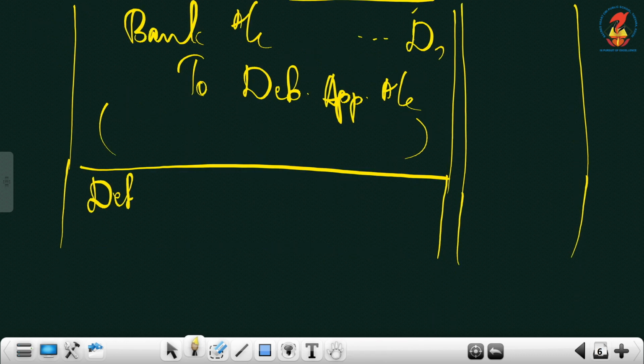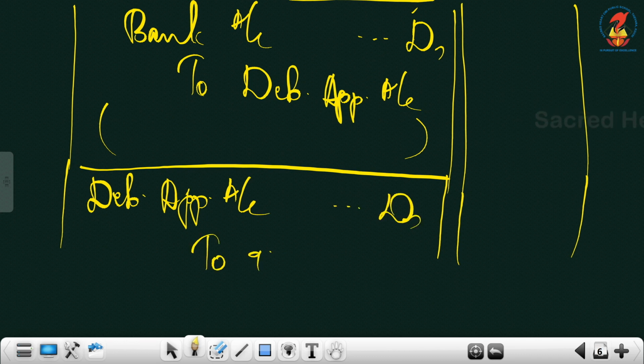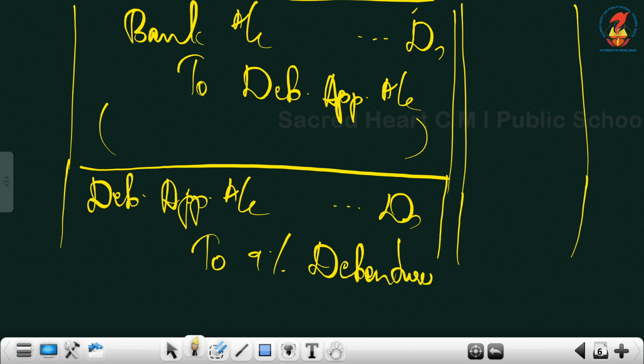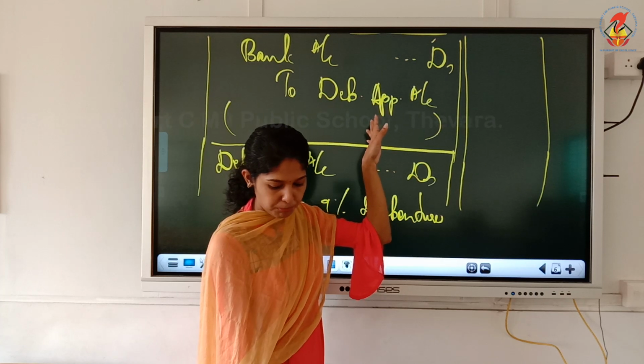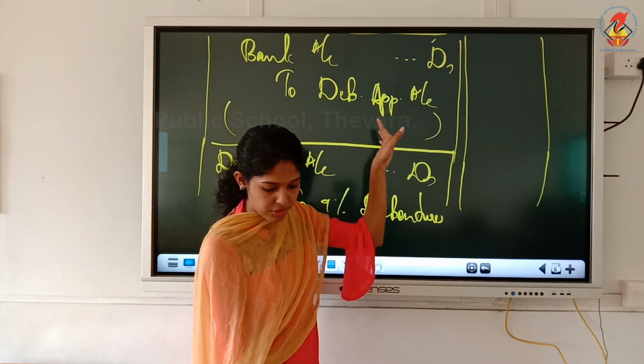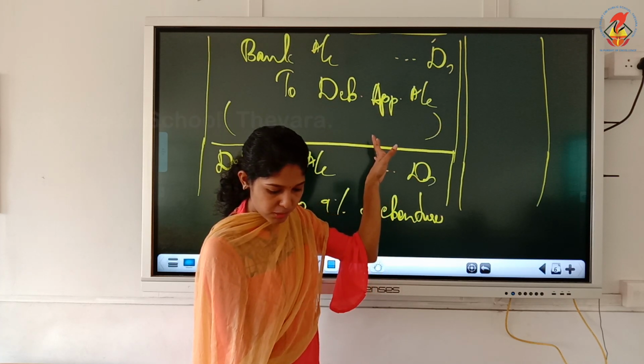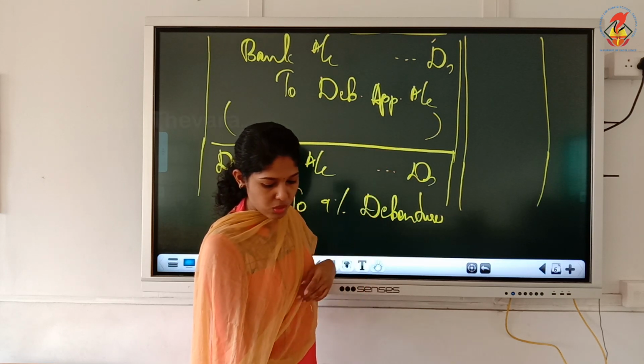Then next one, debenture application account debit to, here the percentage is 9%, so you have to specify 9% debentures. When you write the entire term, don't write app and all, you write the entire term application. Yes, we haven't written the amounts. Is there any oversubscription? No, oversubscription is not there.